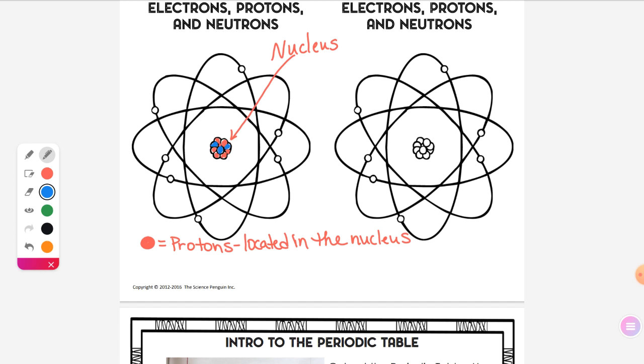Okay, then down at the bottom, draw a blue dot. This one's easy to remember that it's in the nucleus because it starts with the same letters. So what do you think those blue ones are? Neutrons. So the blue are our neutrons. And they are also located in the nucleus.